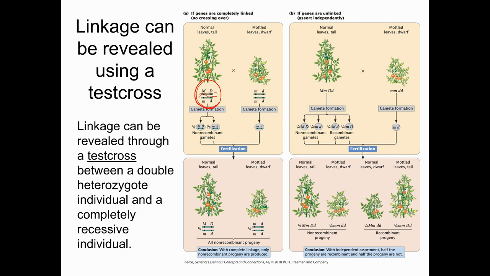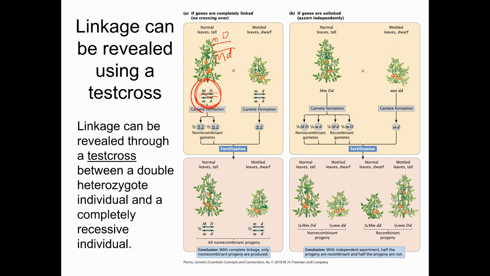But remember, the rule is just that one of the individuals is double heterozygous. So you could also use a plant that is little m with a big D on one of the chromosomes and big M with little d on the homologous chromosome. But in this example, that's not what they started with. So they started with this parent that they show, and so we'll consider that.